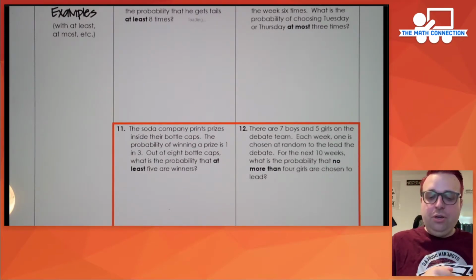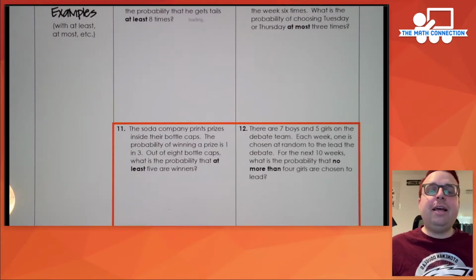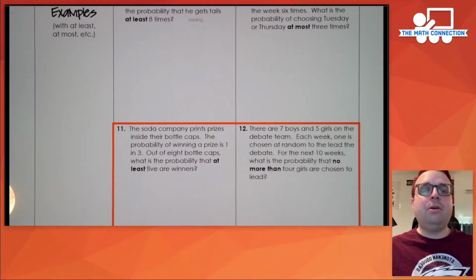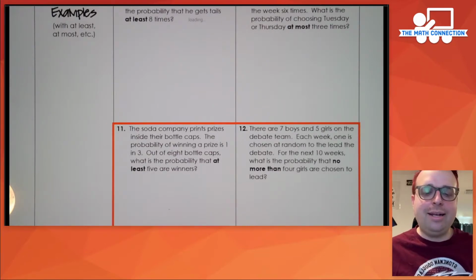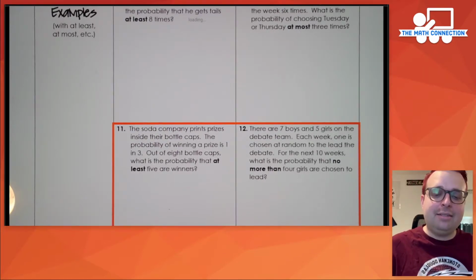So what's happening here is that instead of saying I'm gonna get tails on this coin toss exactly 4 times out of 10, you're saying what's the probability that it happens at least a certain number of times. So let's just look at an example and do it. Kyle tosses a coin 10 times. What's the probability that he gets tails at least 8 times?